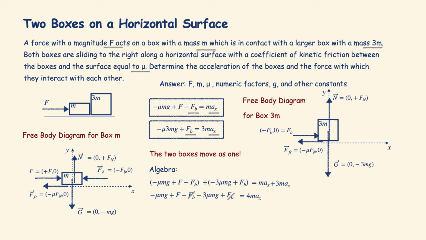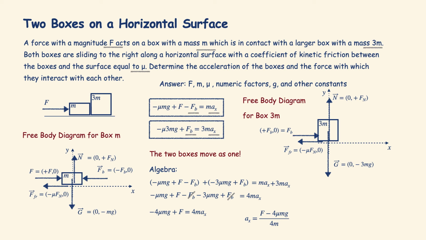I can cancel here Fb, that component of the force between the boxes, and combine the mu mg terms so that I get minus 4 mu mg plus F, the pushing force, has to be equal to 4m, the x component of the acceleration of the boxes, and that gives me the answer for the acceleration of the boxes.